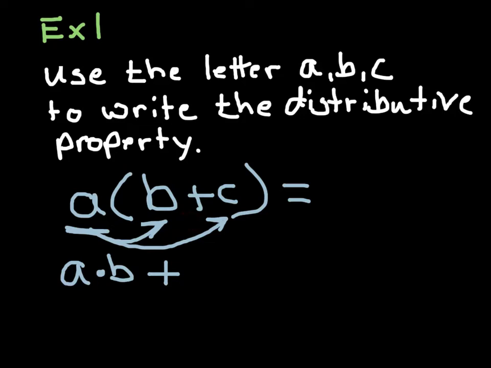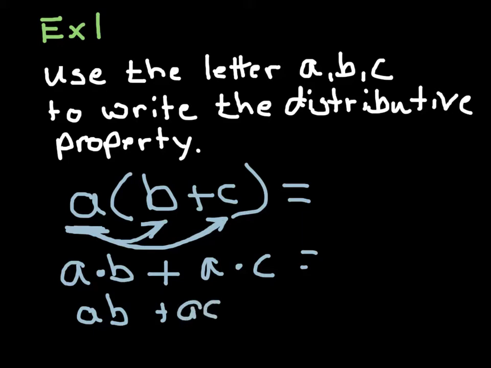So I take A times B plus, and now the delivery person distributes the newspaper to this person, so I take A times C. I can simplify this a little because I don't need the raised dot, and I can just write it as AB plus AC. So we've taken this problem and used the letters A, B, and C to show the distributive property.